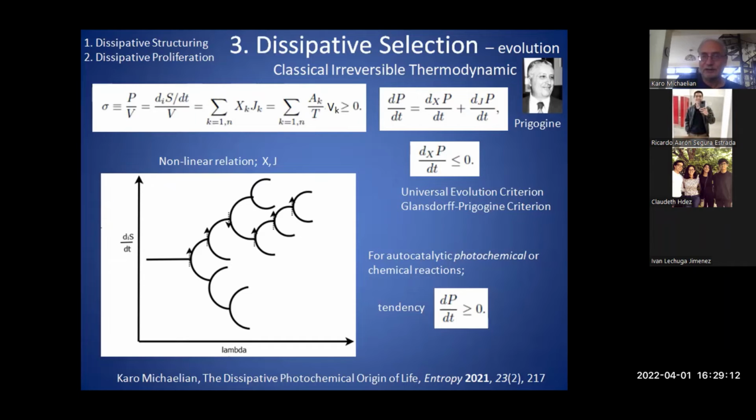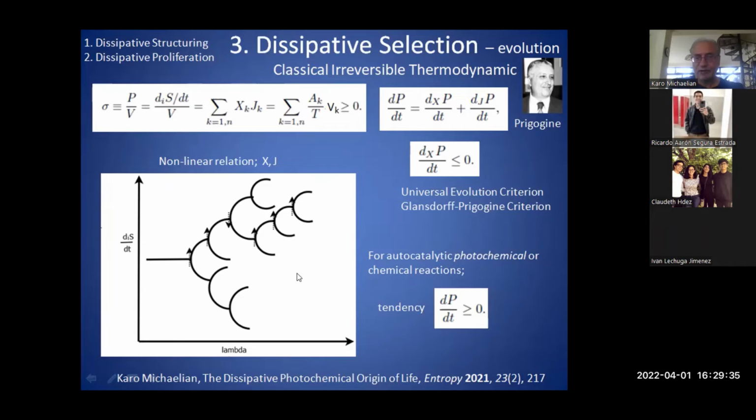So once these are produced, then we don't get much change in the affinities, but we get an increase in the flow due to this part. So this increase is greater than this negative decrease, and that leads to dP by dt increasing.